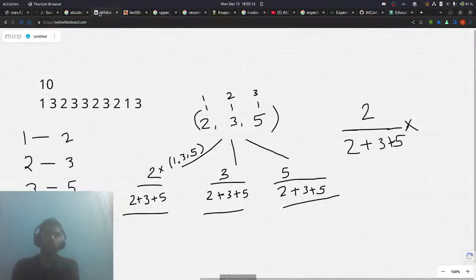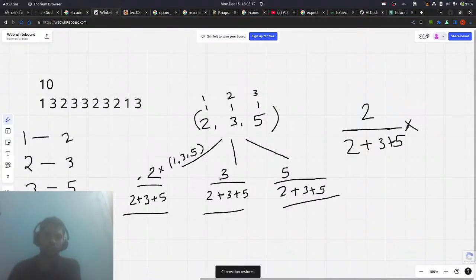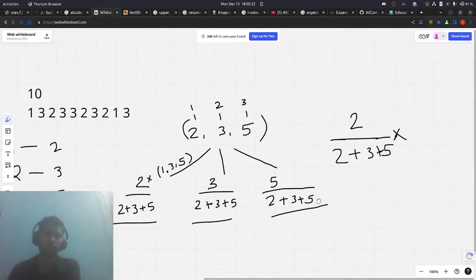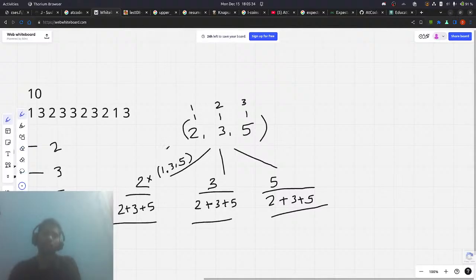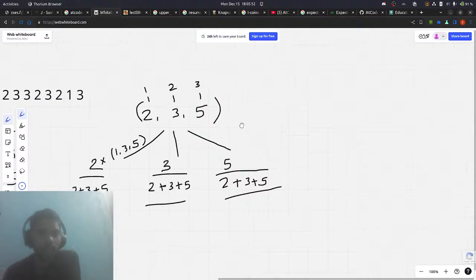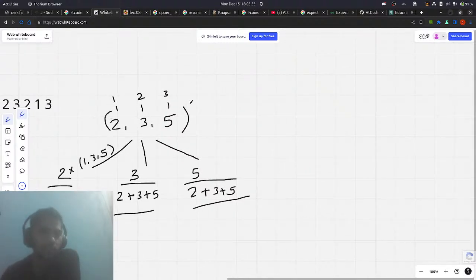Okay, so you see, the probability of, let's say, our DP state itself will give me the probability of this current state, right?